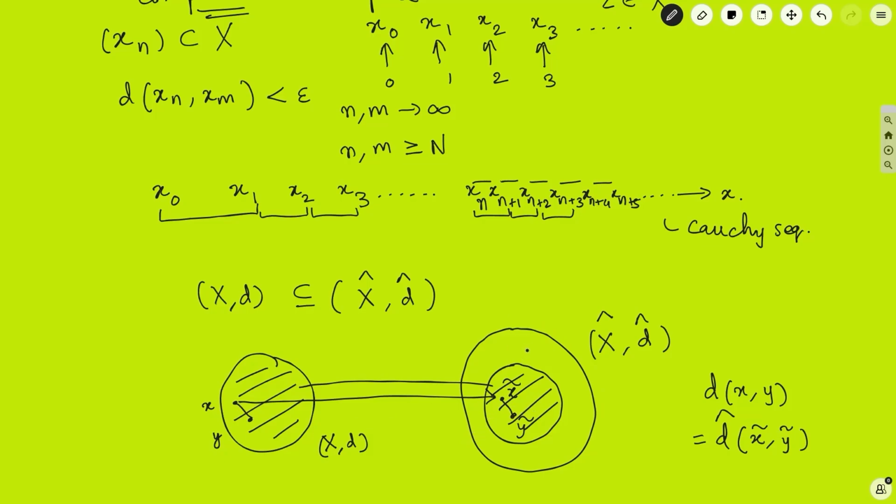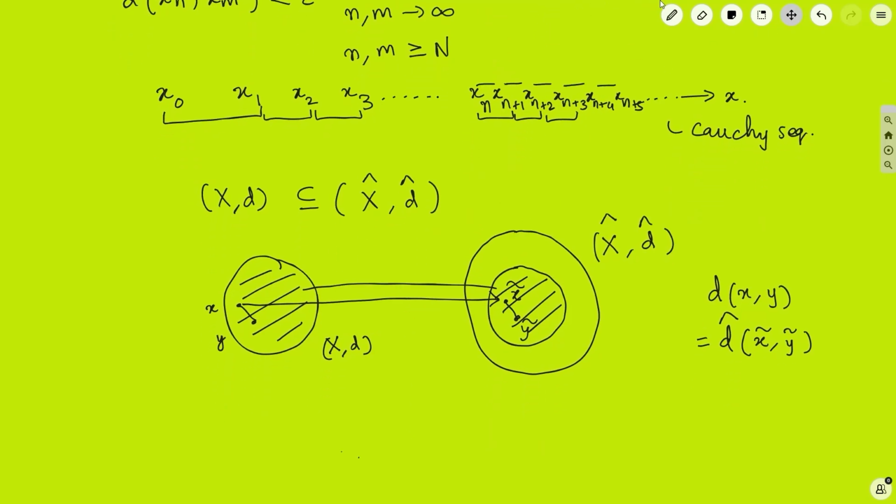And moreover, it's complete. So you're getting an extra property here that there is an image, and also the whole space is complete. That means if you take Cauchy sequences, they converge. But the problem is, if we try to pick a Cauchy sequence from the original space (X, d), as follows, maybe it does not converge.